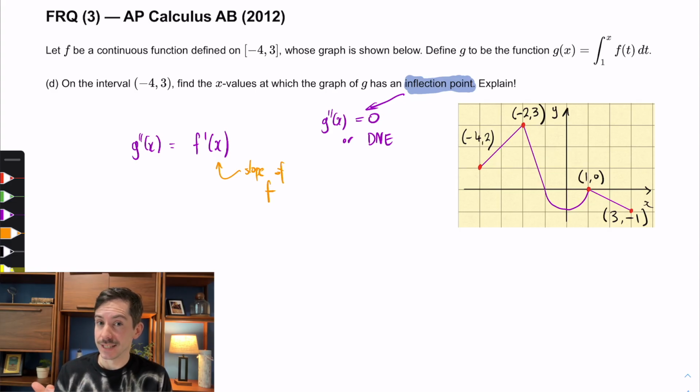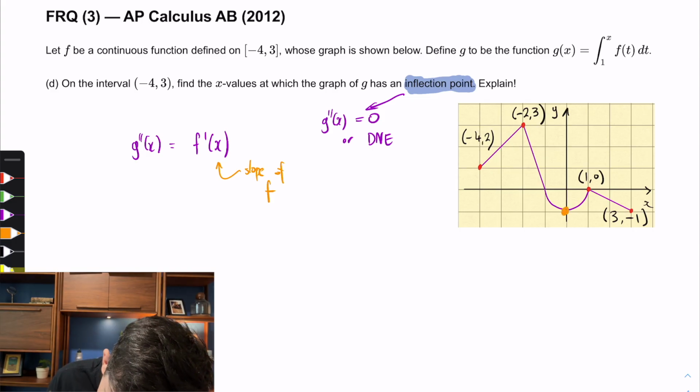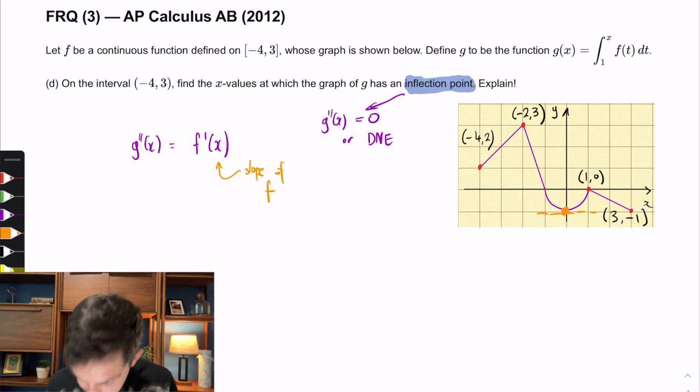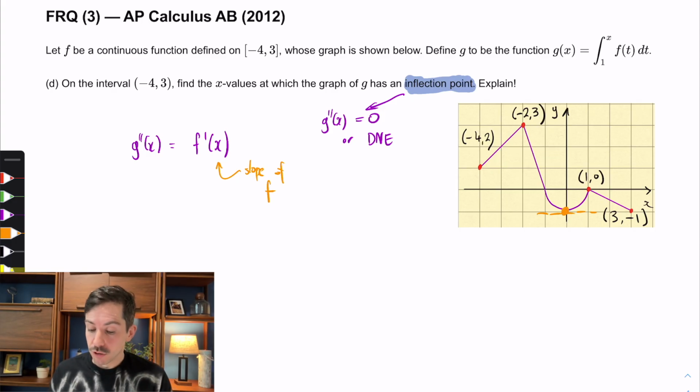So I want to know where the slope of f, looking at the graph, is either 0 or does not exist. Well, scanning along the graph, I see I have a horizontal tangent at x equals 0. No other horizontal tangents, but there are a couple of places where f prime doesn't exist because I have a sharp turn in the graph.